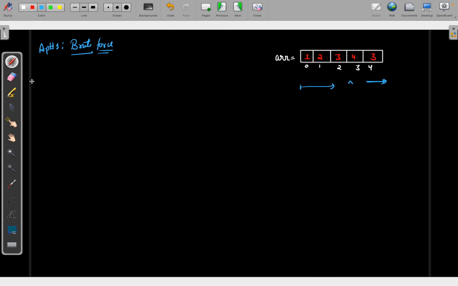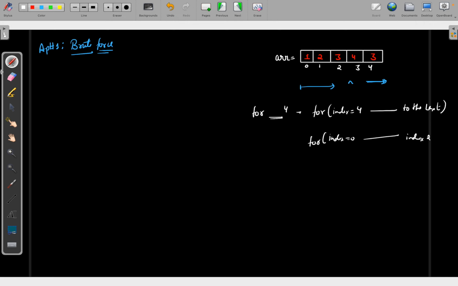So basically for a number 4, you will traverse from the index of 4 to the last, and then you will start one loop from the starting, from index 0 to index 2.